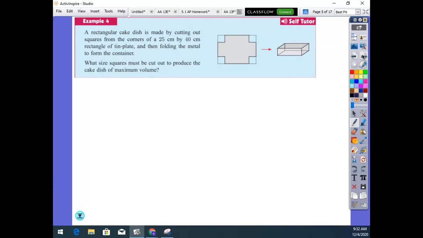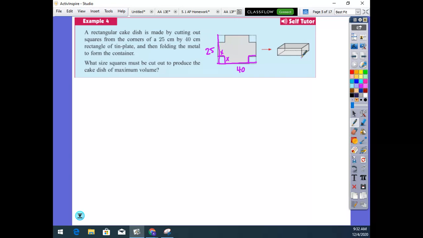Okay, so this first one isn't a terrible problem. We've got a rectangular tin, 25 by 40, and we're going to cut out squares. Let's call that x, so that we can fold the corners up and create a cake dish.